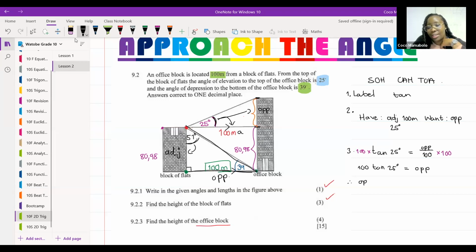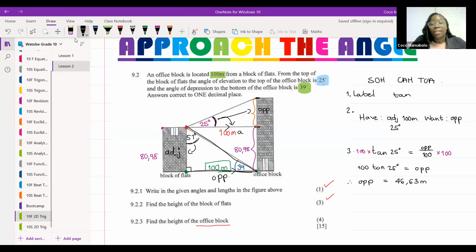Therefore, the opposite side is equal to how much? Punch that into your calculator, guys. Give me an answer. 100 tan 25 is equal to what? Excellent. 46,63. Good. 46,63 meters.